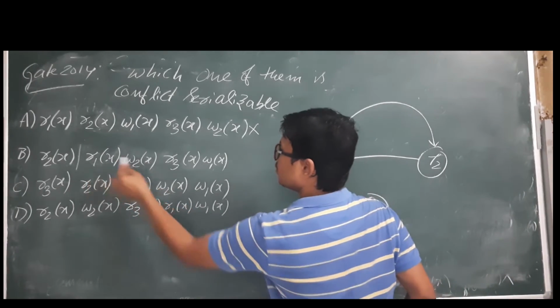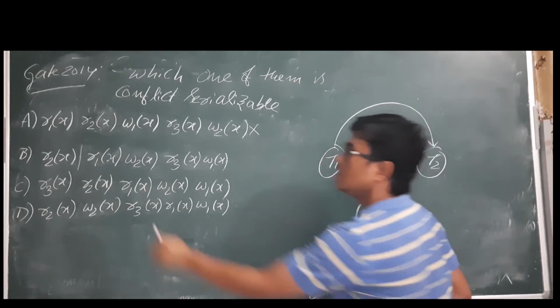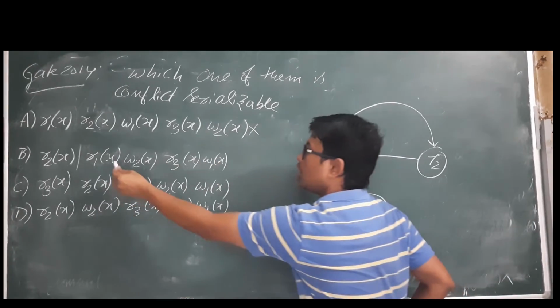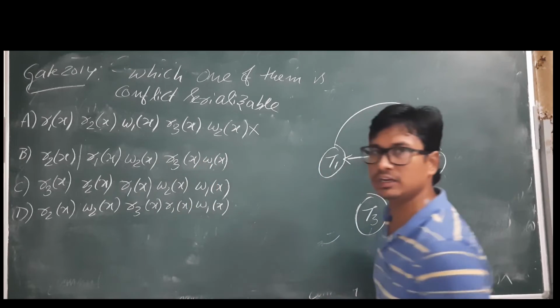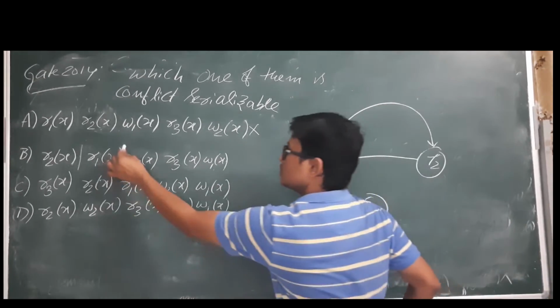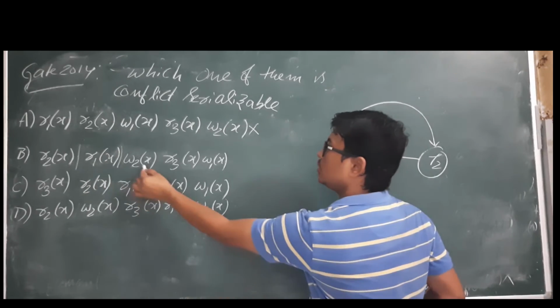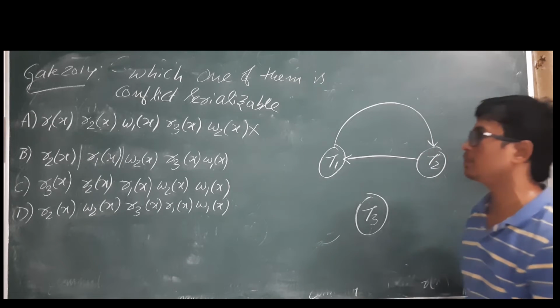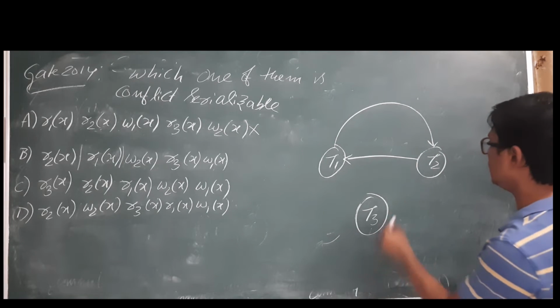So R1 of x, R3 of x is not a conflict. R1 of x and W1 of x is also not a conflict, because a lot of people will think that this is a read-write conflict, but both belong to the same transaction, so it is not a conflict. So this is finished. Now W2 of x and R3 of x, which is a conflict operation. So what is the edge?